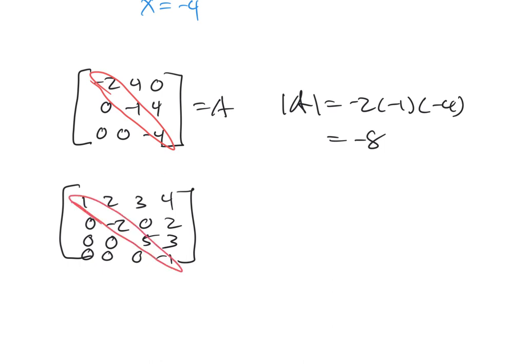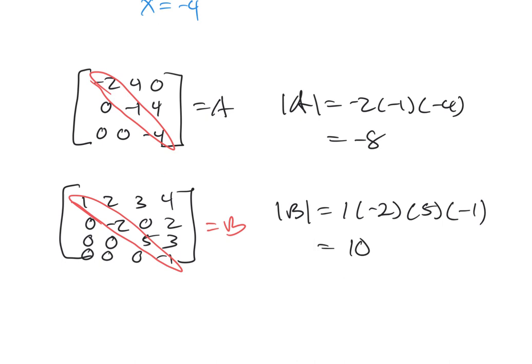And because those values below are zeros, we're just going to multiply all of the numbers along the diagonal to find the determinant. So if I wanted to find the determinant of B, it would be 1 times negative 2 times a positive 5 times a negative 1, which would end up being a positive 10.